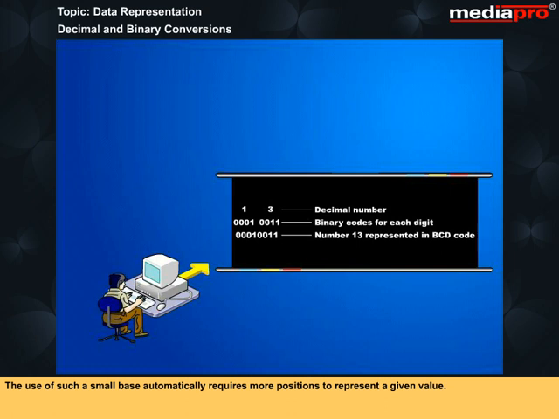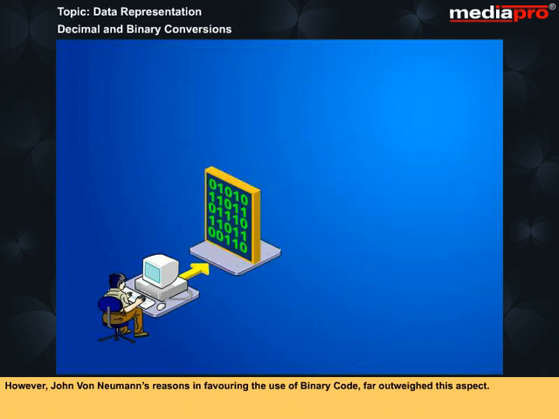The use of such a small base automatically requires more positions to represent a given value. However, John von Neumann's reasons in favoring the use of binary code far outweigh this aspect. Almost all computers used today are designed to operate using this binary number system.